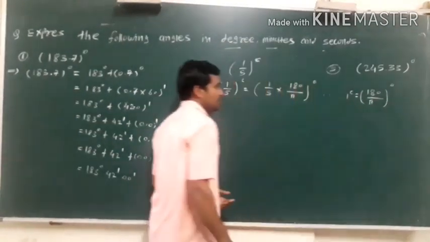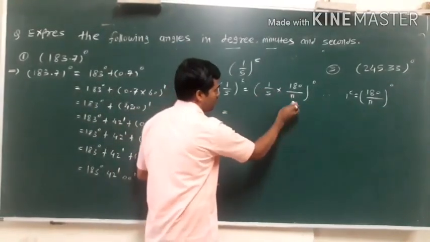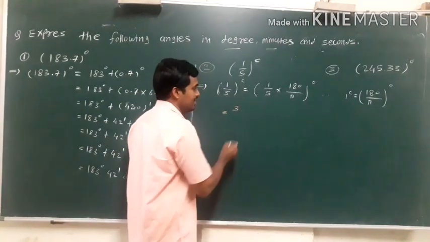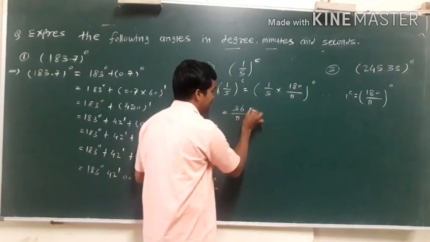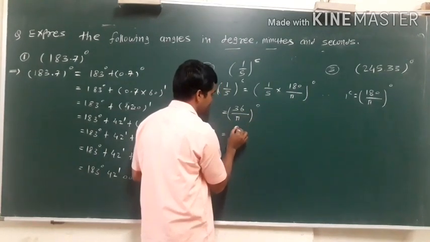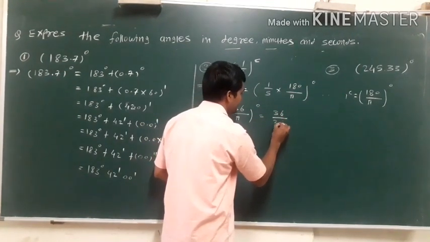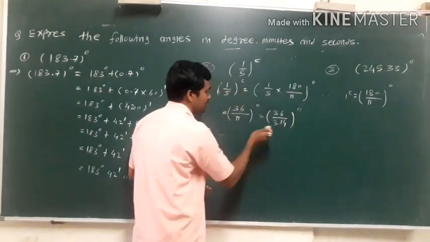Okay, so the next step, we get the calculation 36/pi degree. Next step, 36/pi, value of pi 3.14 degree.